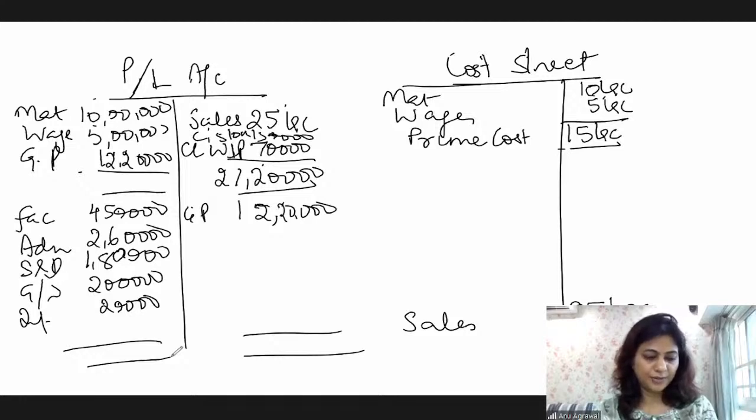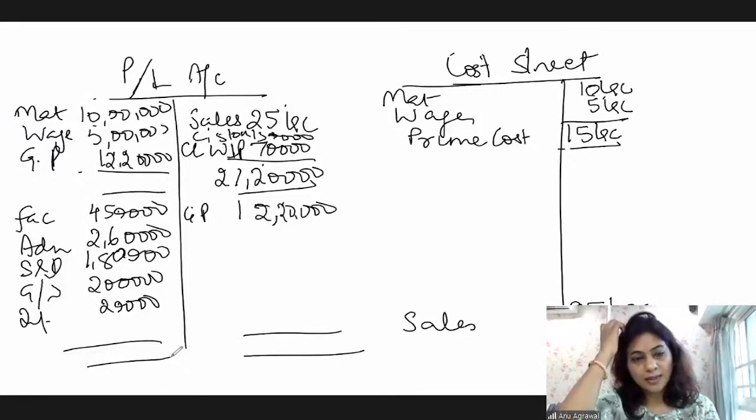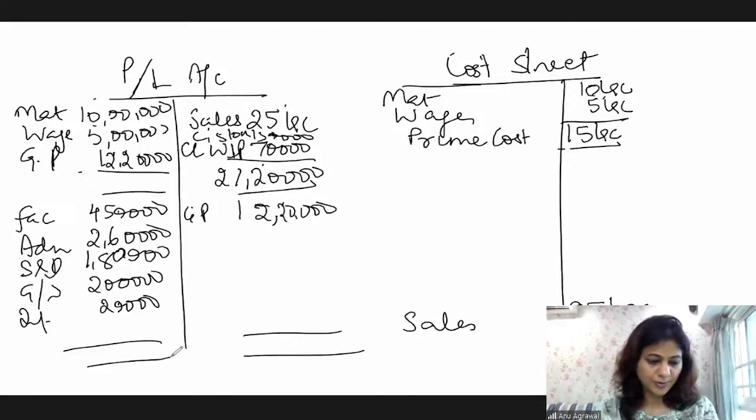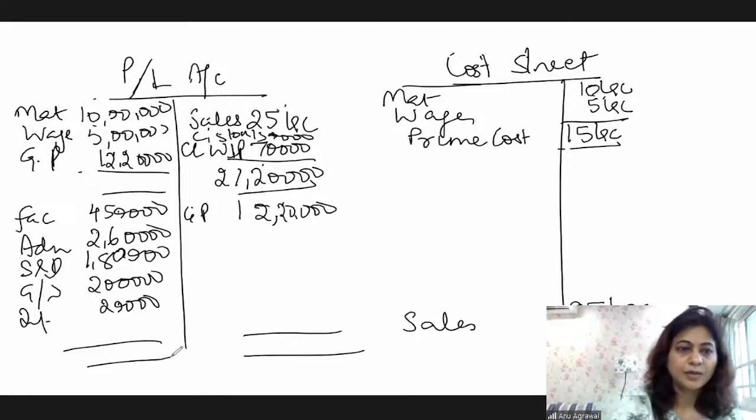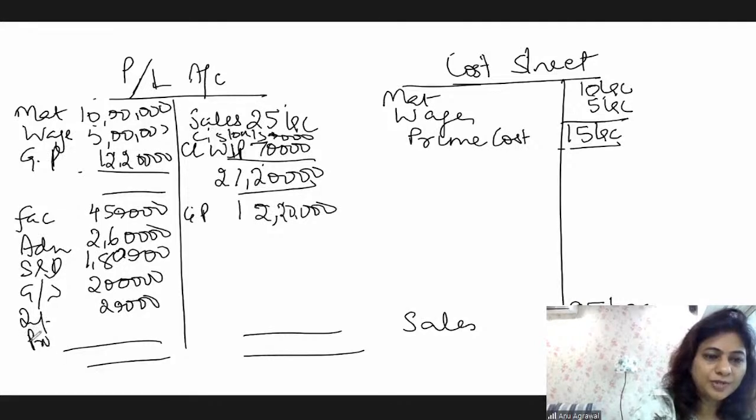Minus 4,50,000, minus 2,60,000, minus 1,80,000, minus 2 lakhs and minus 20,000. So the profit which I get here is 1,10,000.